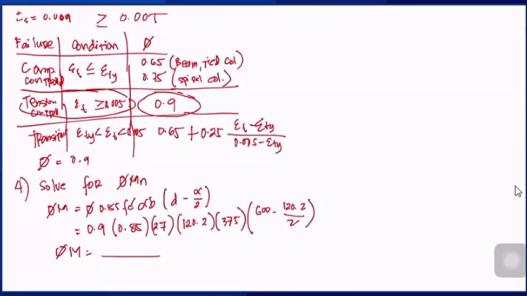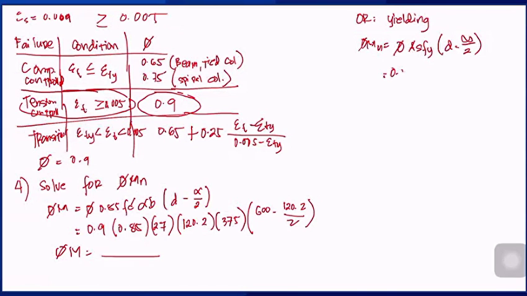So since yielding, we can use also the formula for yielding, phi Mn equals phi As Fy (d minus alpha over 2). 0.9.